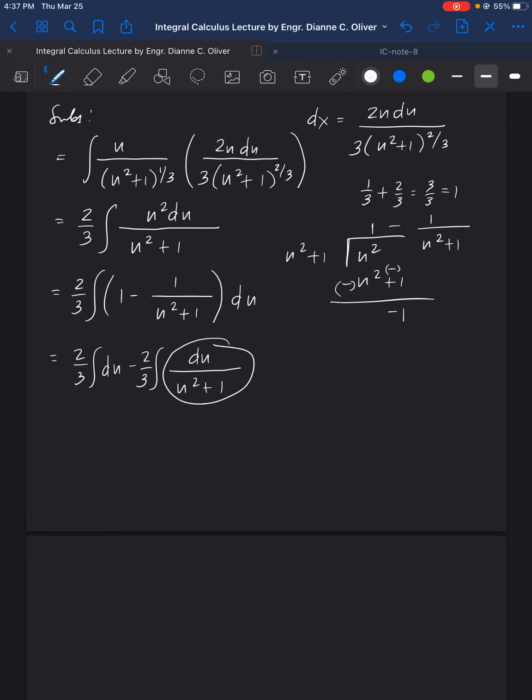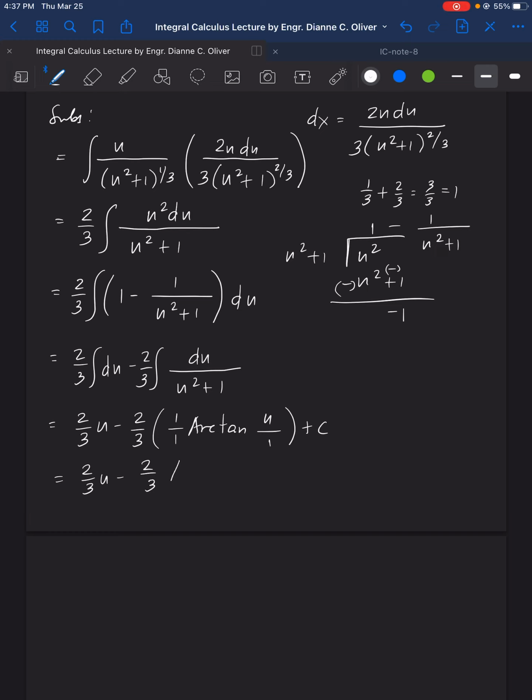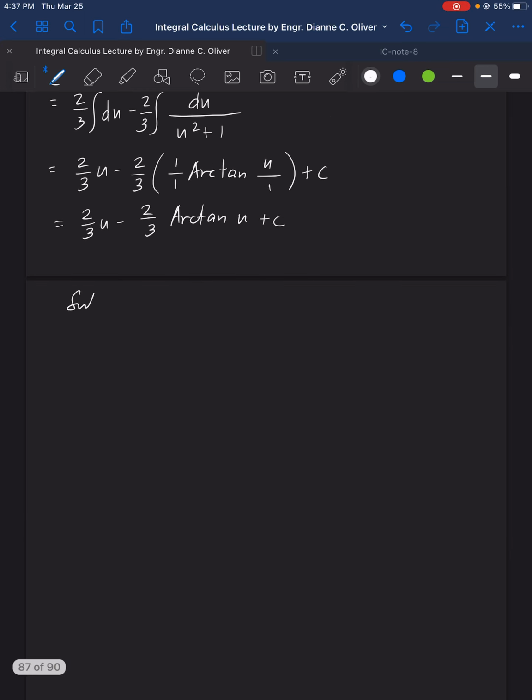Again, this one here is inverse tangent. So we have 2/3 u minus 2/3 times 1 over a arc tangent of u over a plus c. So that is 2/3 u minus 2/3 arctan u plus c. That's not yet the final answer.